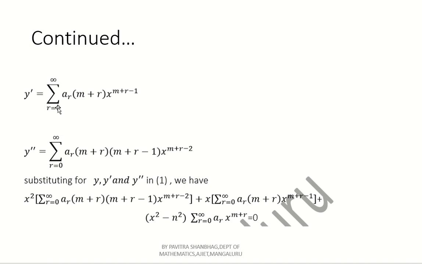Summation r from 0 to infinity a r into (m plus r) as it is. Now again differentiate this term, comparing it with function power n. What is the rule? Function power n has derivative n into function power n minus 1 into the derivative of the function.